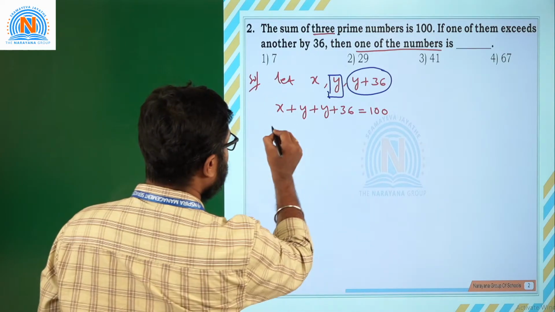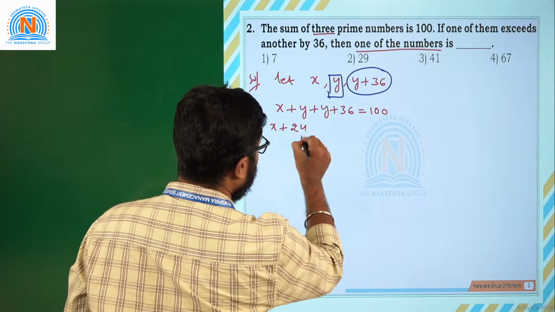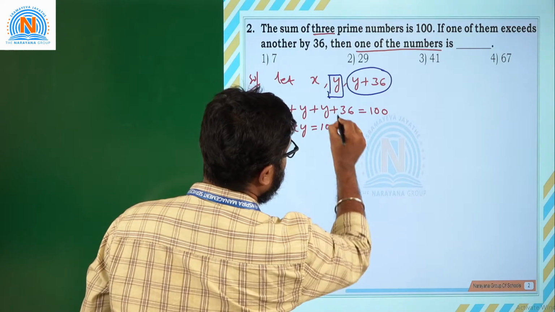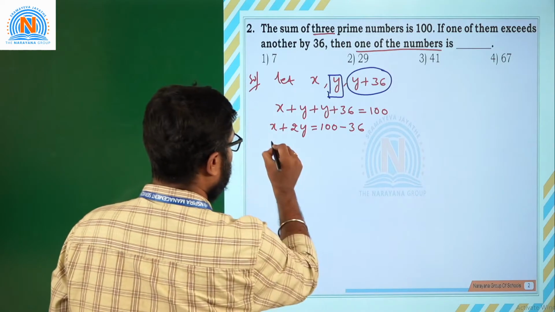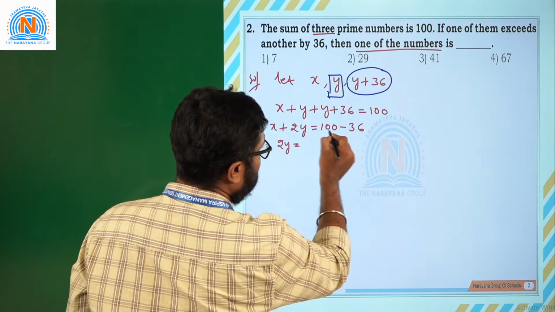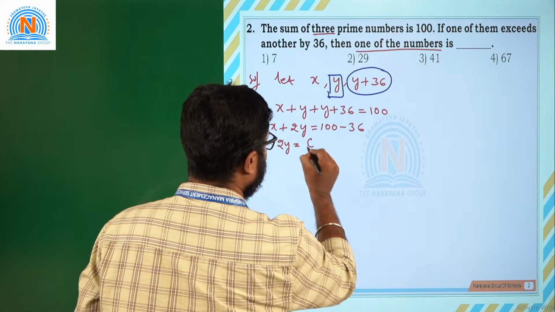So now x plus 2y plus 36 is equal to 100. The 36 is transposed to the RHS and becomes minus 36. Now 2y is equal to 100 minus 36, which is nothing but 64.